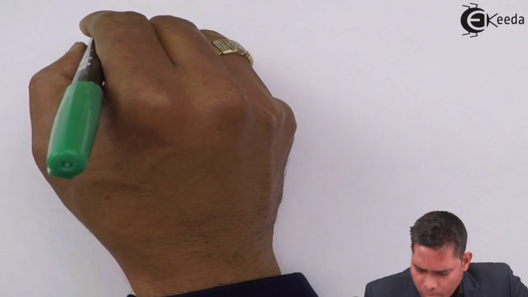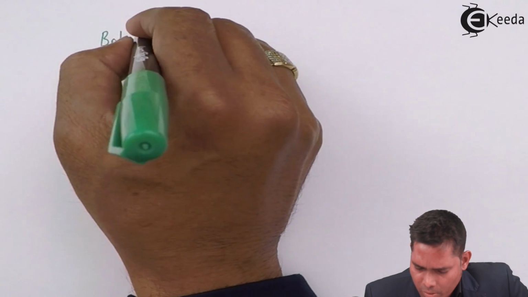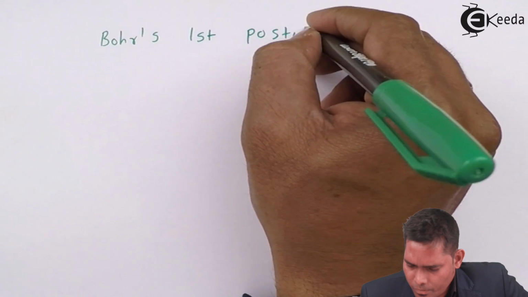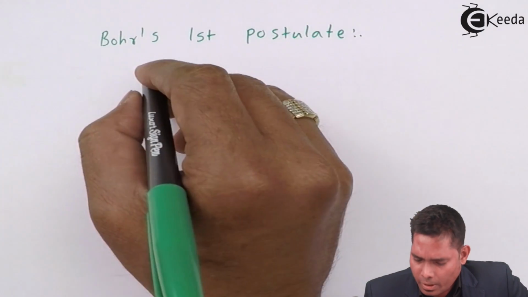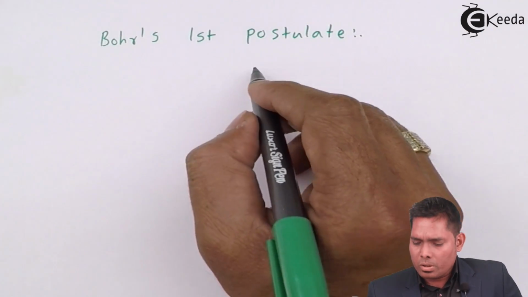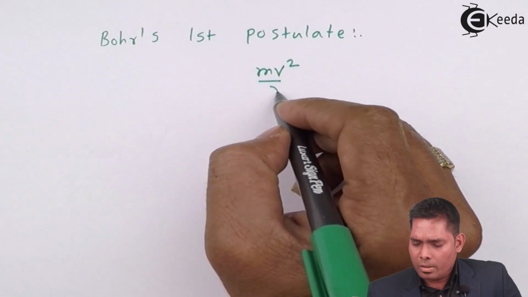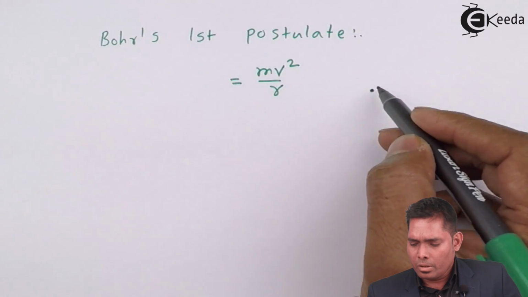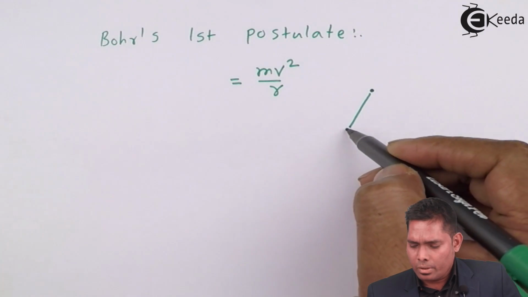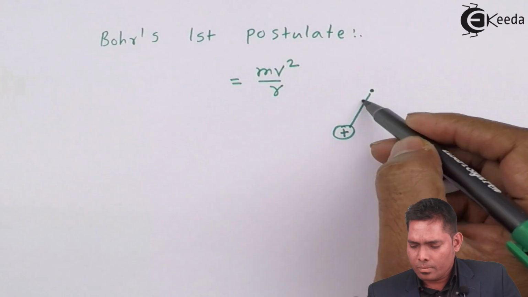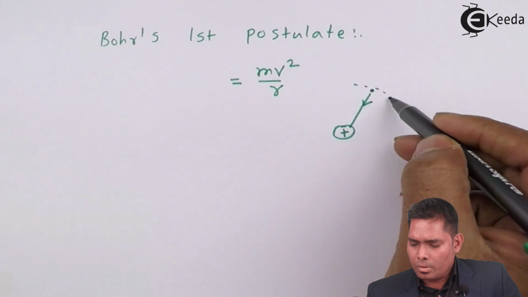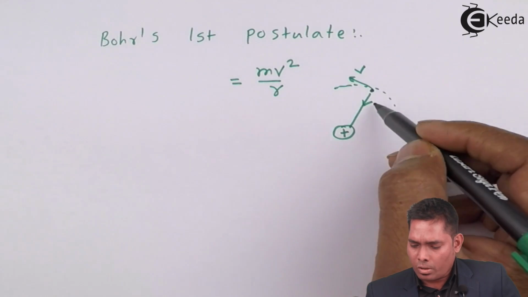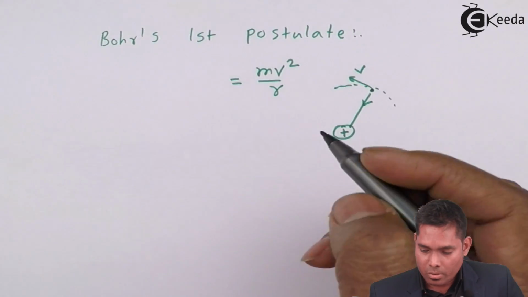So we know from Bohr's first postulate that the centripetal force mv square by r is provided by the electrostatic force of attraction between the electron and the positively charged nucleus, and this is the v of the nth orbit.